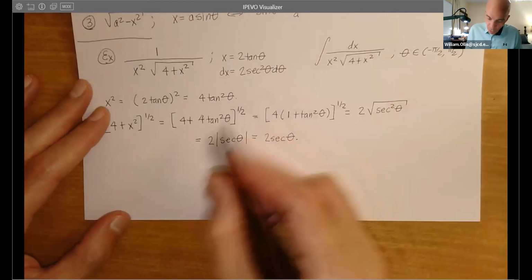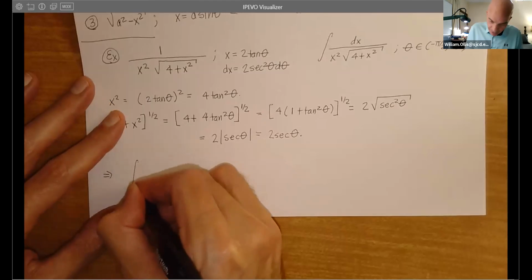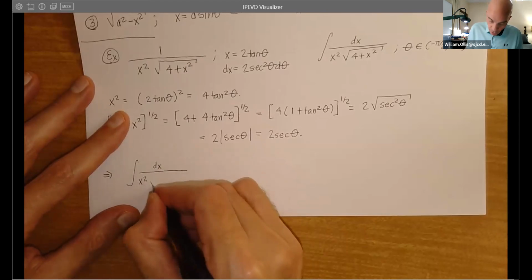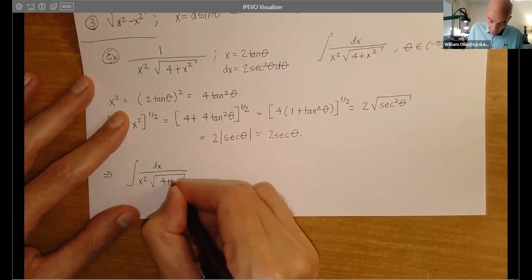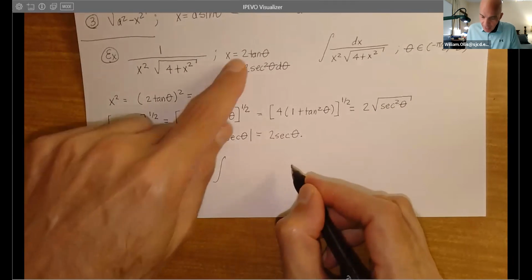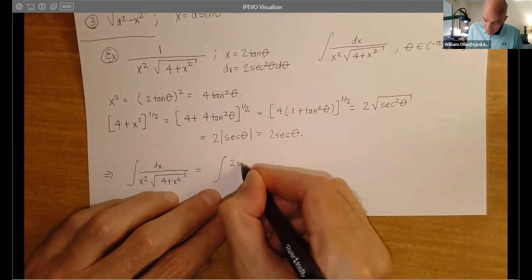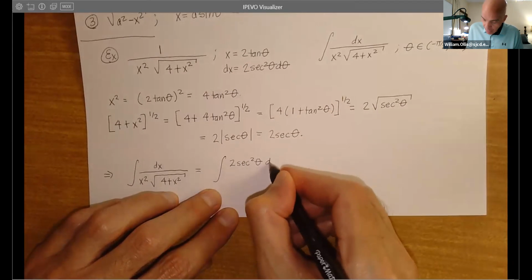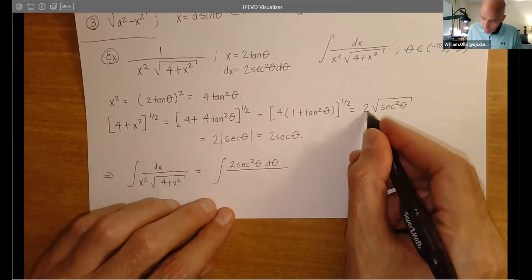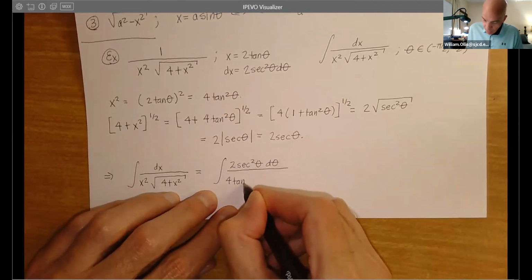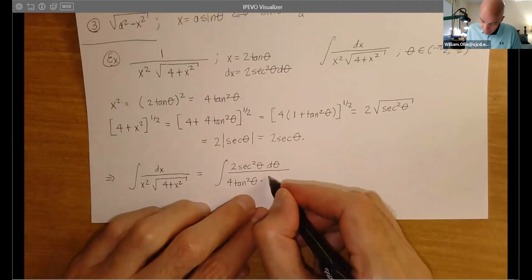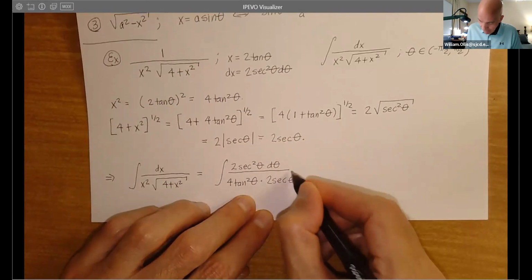So when you write the integral, this implies that the integral dx over x squared times the square root of 4 plus x squared will now equal, just fill everything in, dx is 2 secant squared theta d theta, x squared is 4 tangent squared, and the radical is 2 secant. So we get this integral.